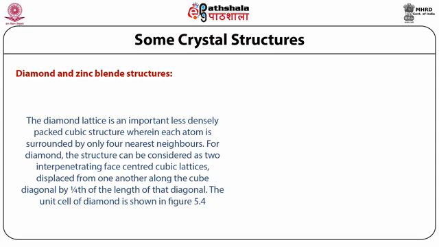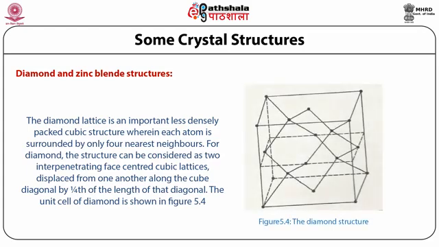Diamond and zinc blende structures. The diamond lattice is an important, less densely packed cubic structure wherein each atom is surrounded by only 4 nearest neighbors. For diamond, the structure can be considered as 2 interpenetrating face-centered cubic lattices displaced from one another along the cube diagonal by 1/4 of the length of that diagonal.